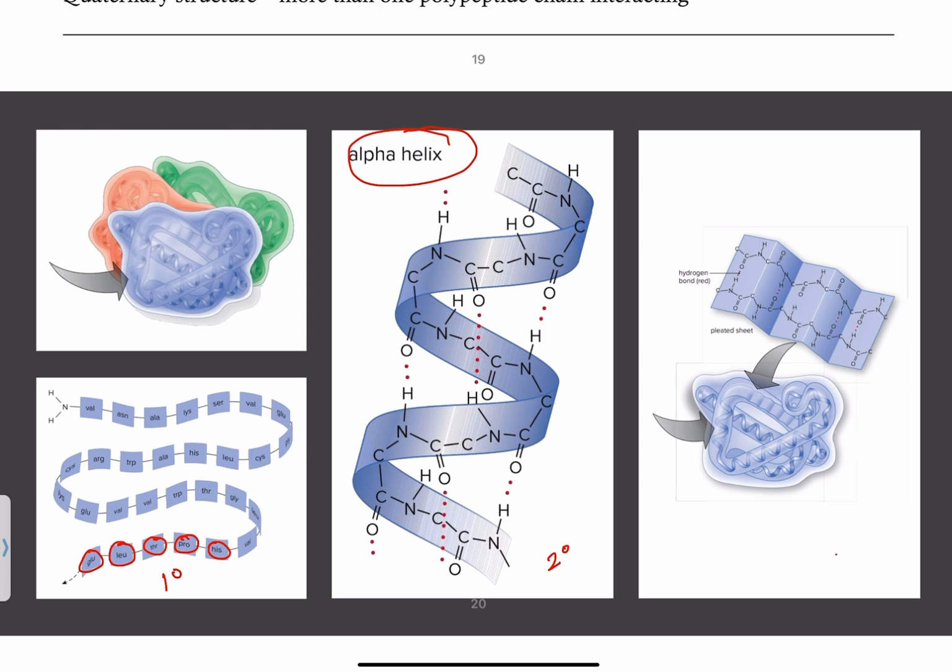Tertiary structure is going to form when we have an overall three-dimensional shape, but only with one linear sequence of amino acids. If we take more than one linear sequence of amino acids and put it into a three-dimensional shape, that's when we get the quaternary structure, which is shown here.